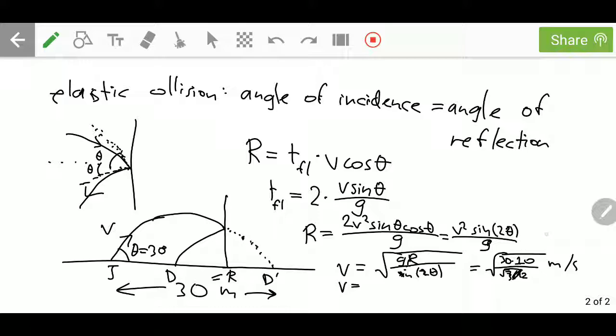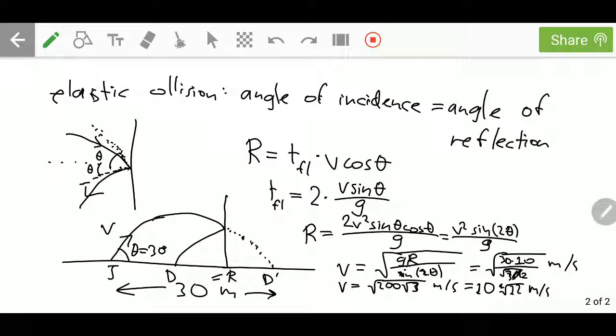And so ultimately what we get is the square root of 200 root 3 meters per second. And at this point, you can write that as 10 times the fourth root of 12 meters per second.